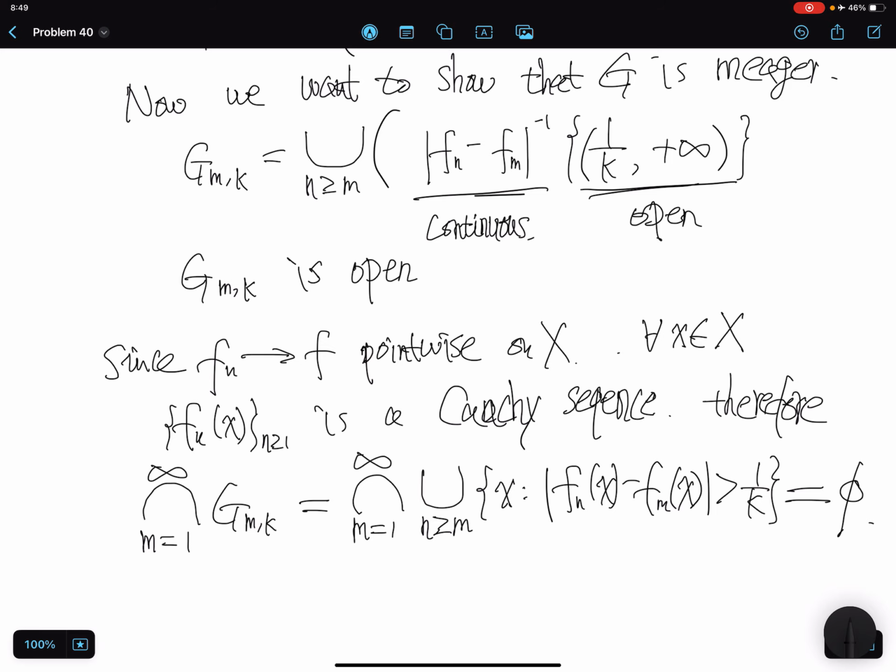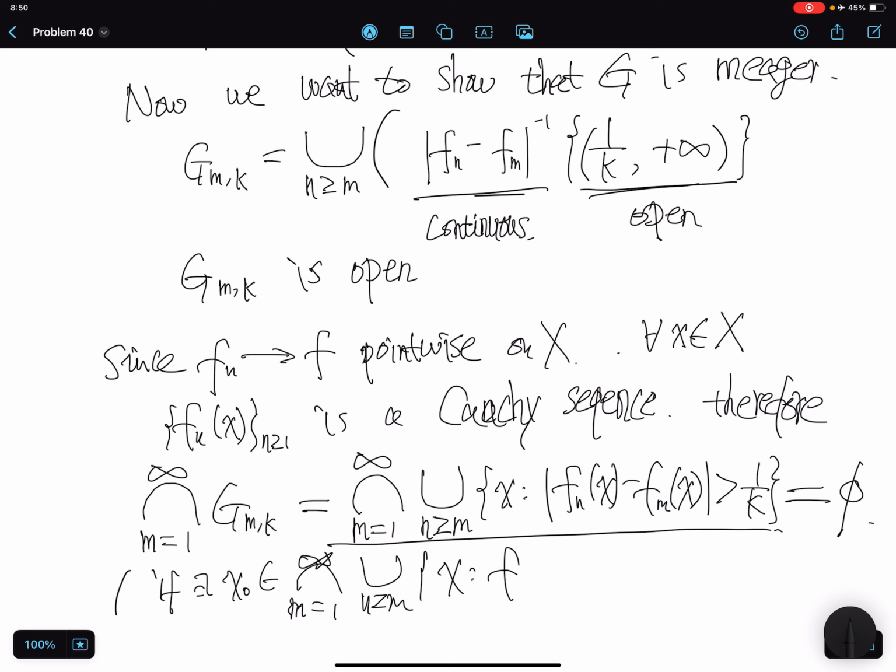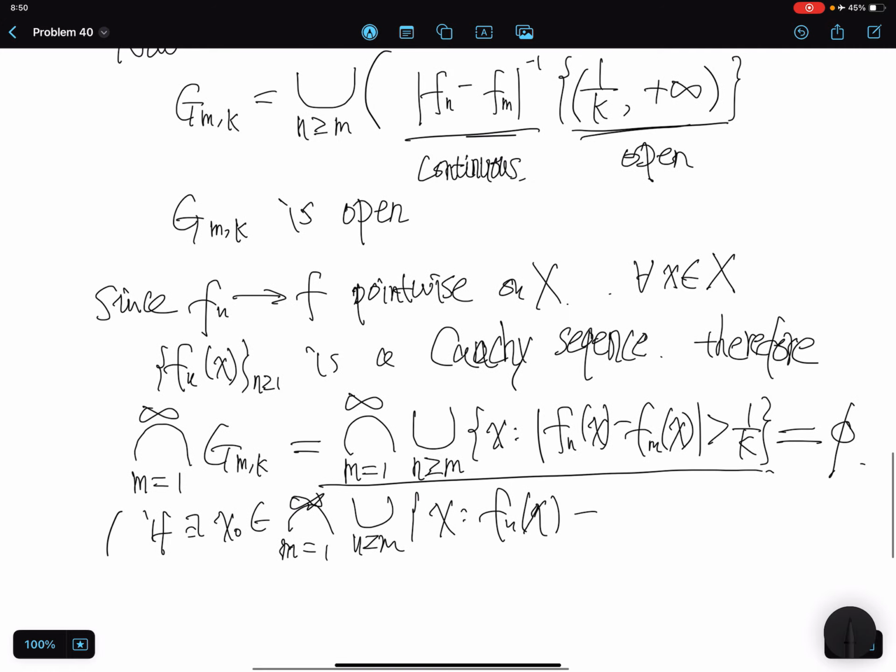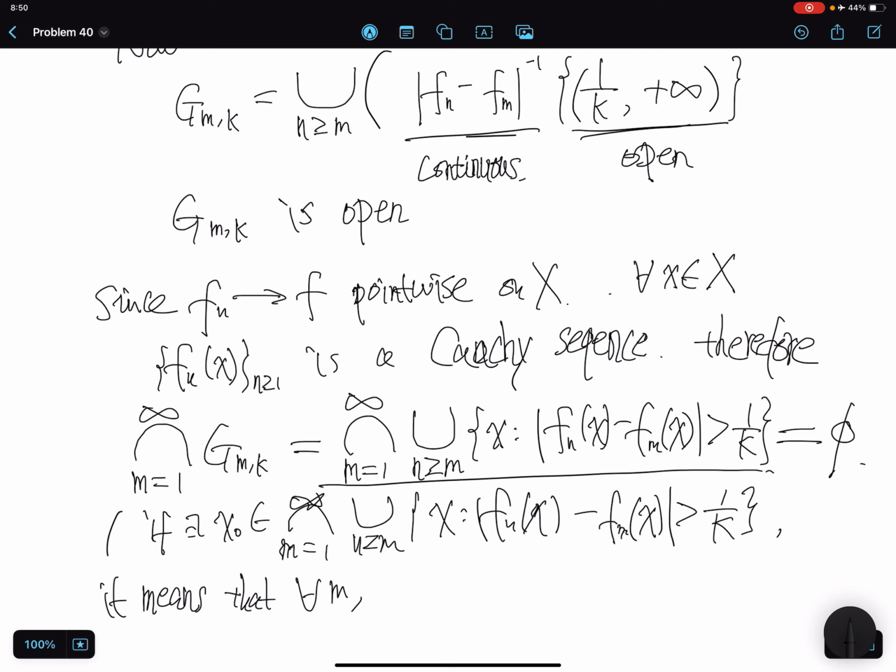The reason is, if there is some x_0 in this set, it means that for all m, x_0 must be in here.